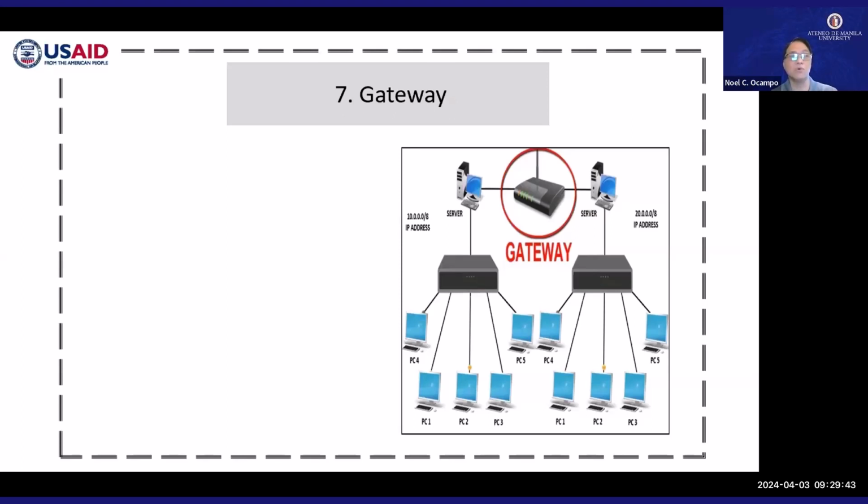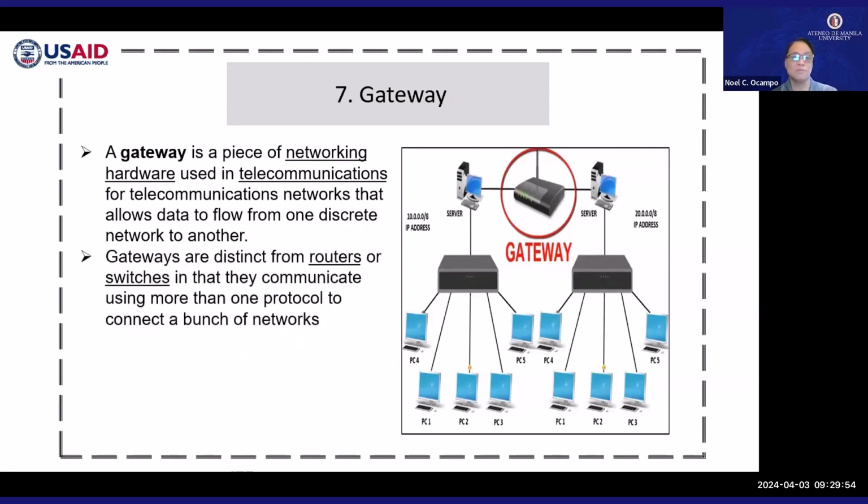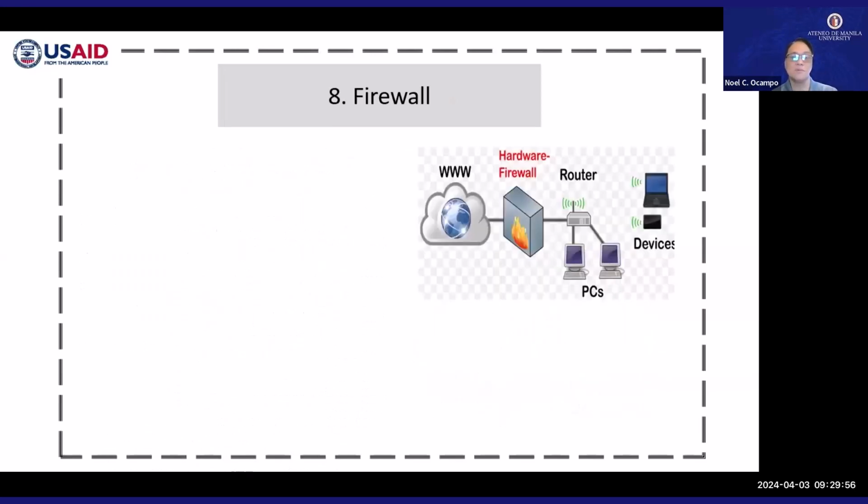So normally we have a gateway, and if it's going to be connected in your PBX, we call it a voice gateway. And then of course, after the router, you have your firewall to provide protection prior to going to the internet.